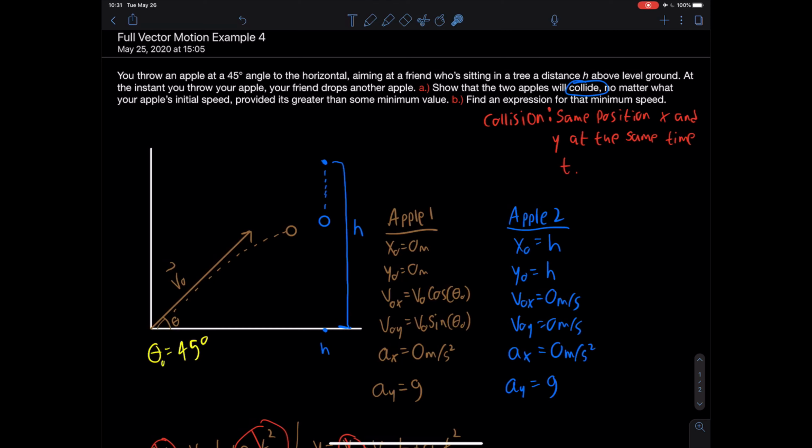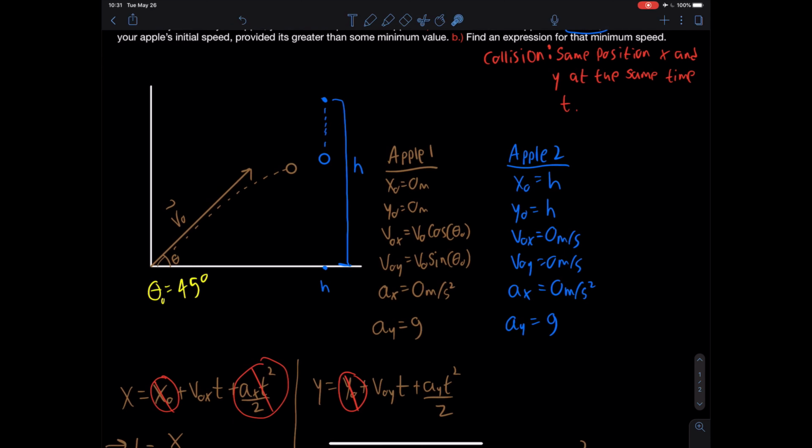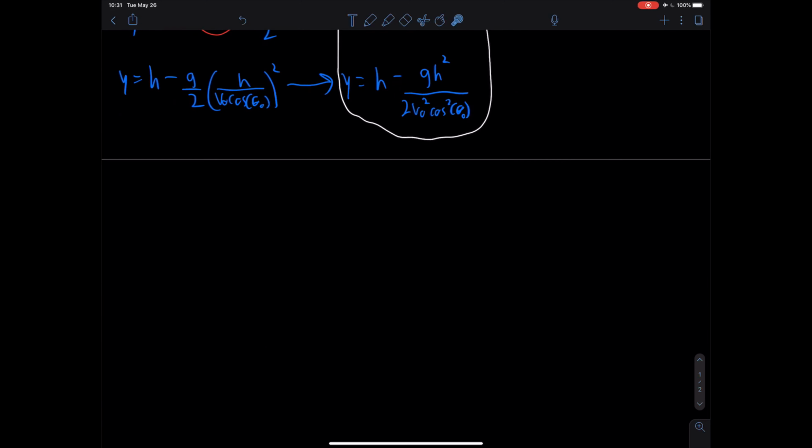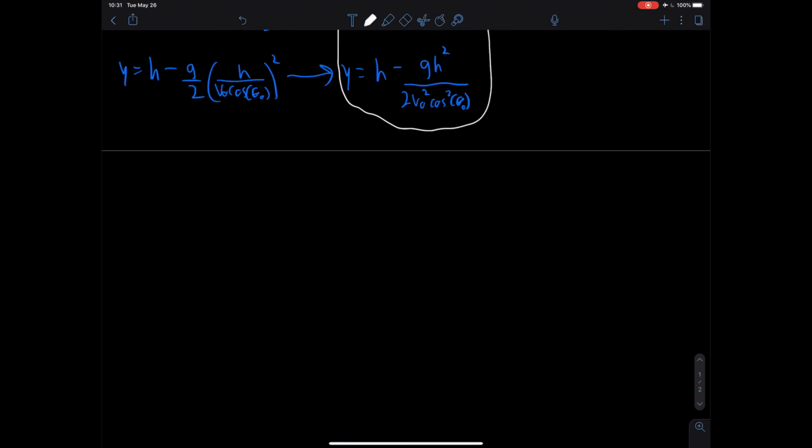And the problem said that we were on level ground, so we can use the horizontal range on level ground equation because we just want it to be far enough to land at the same height where we started. We want to at least throw it that far. So let's use our level ground equation.